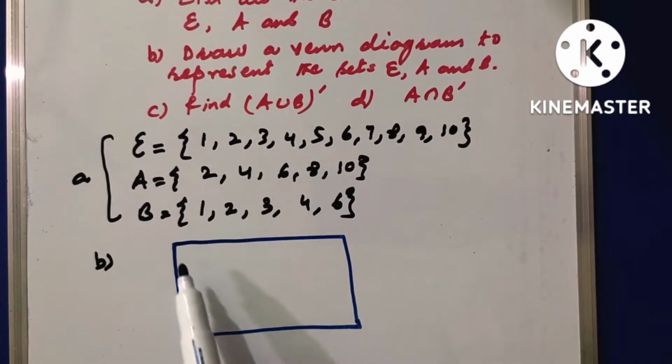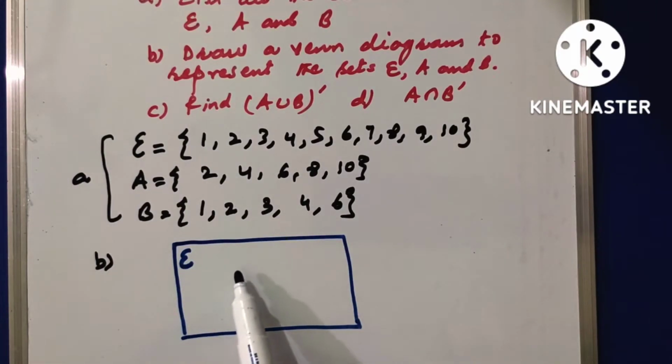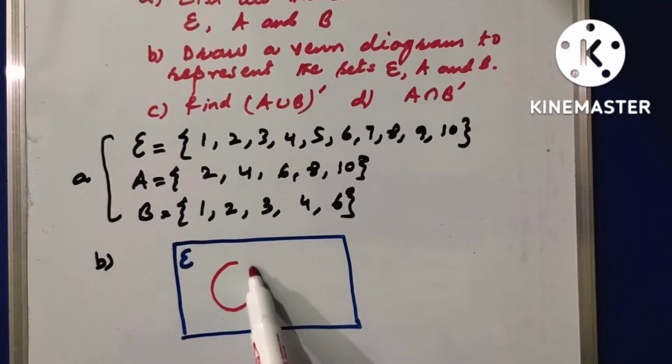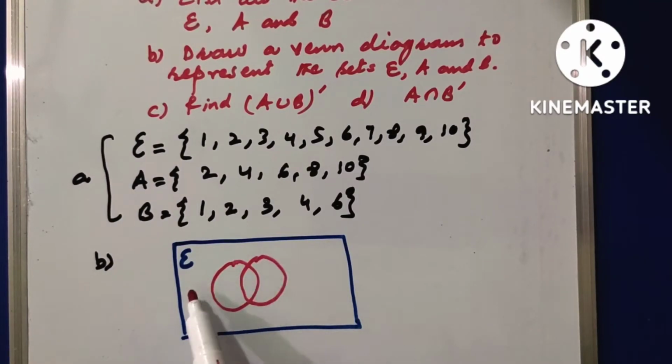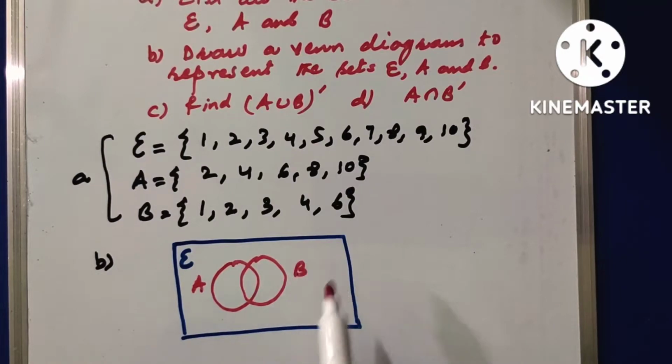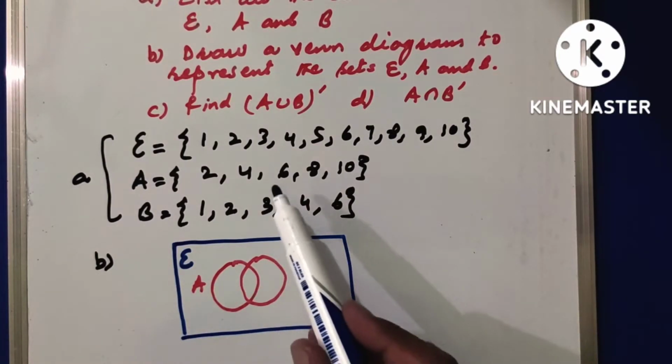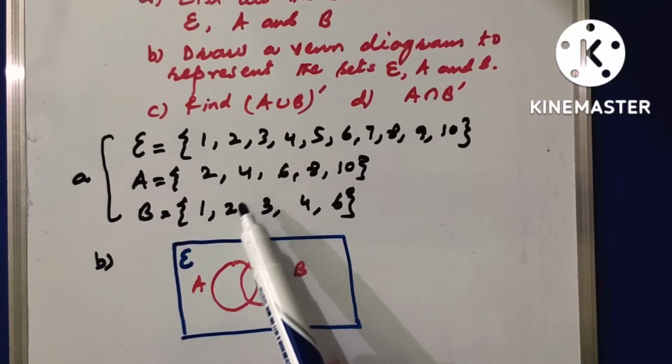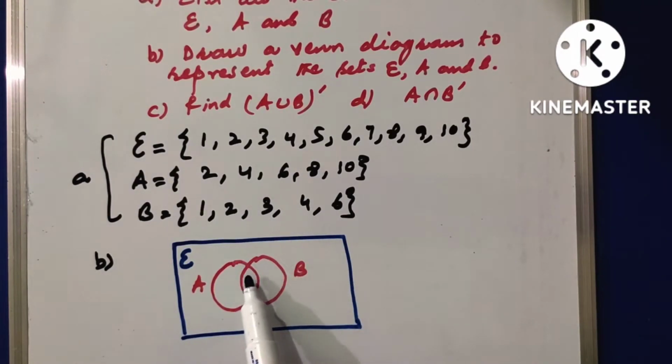This rectangle is for universal set that is noted by E. Now we are going to draw two sets, overlapping sets A and B. The common elements which are present in both sets, which are shared by both sets, will be written in the overlapping area, that is 2, 4, 6, and the rest of the elements of A would be written here, and the other elements of B will be written here, 1, 3.